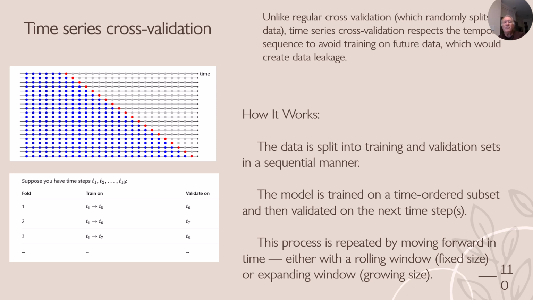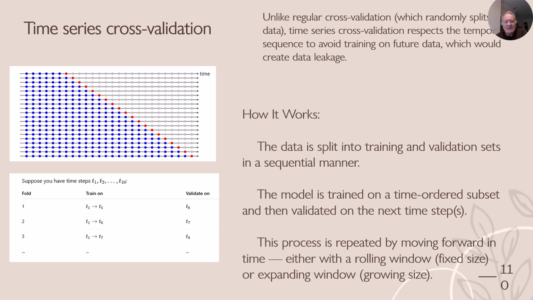Unlike regular cross-validation, which randomly splits the data, time series cross-validation respects the temporal sequence and avoids training on future data, which can create what we call data leakage.